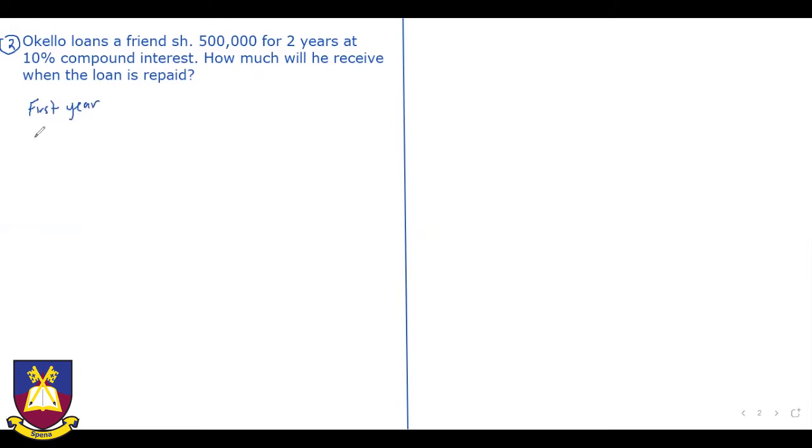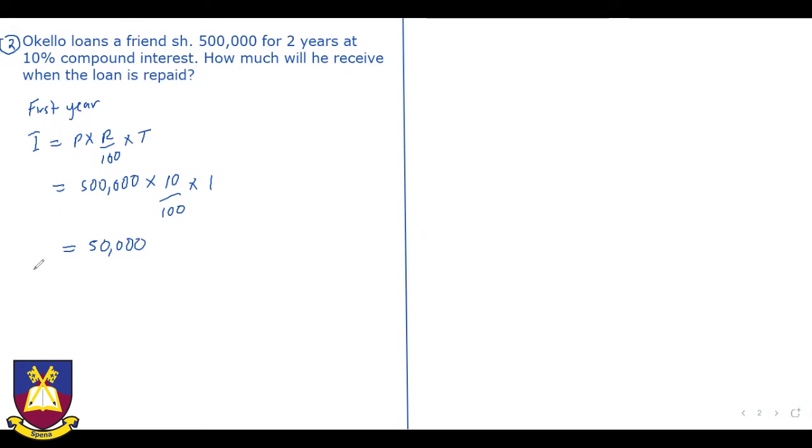We're going to get the interest, which is principal times rate over 100 times time. The principal is 500,000. The rate is 10. And the time is 1. So this brings us to 50,000. After the first year, the interest is 50,000.